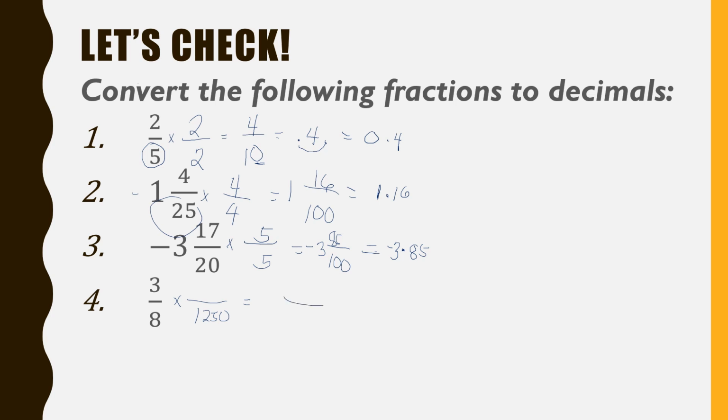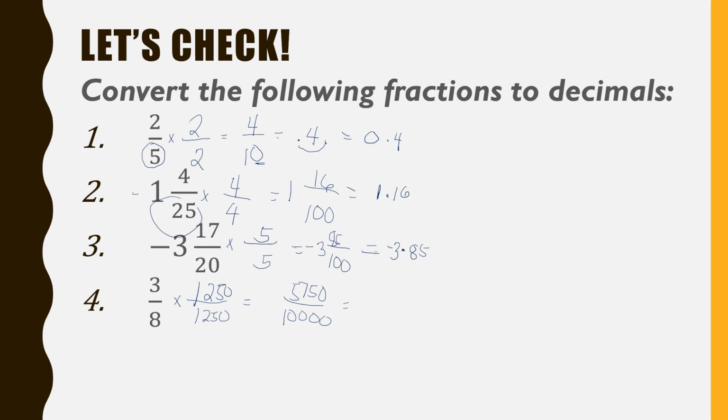Okay, the result here is 1,000. So we will also multiply 125 by 3, and the result is 375.